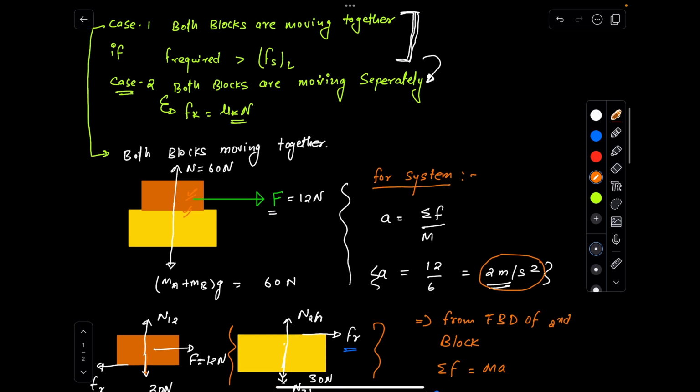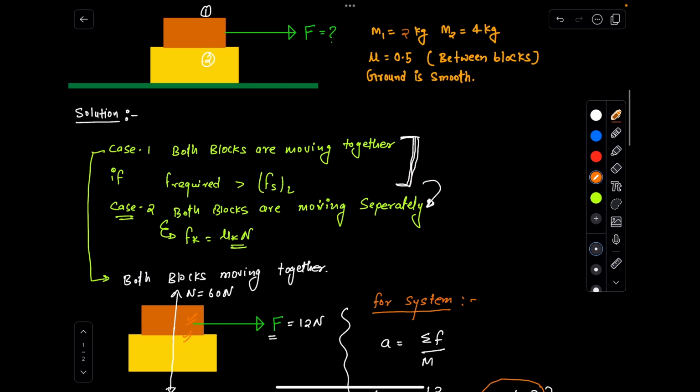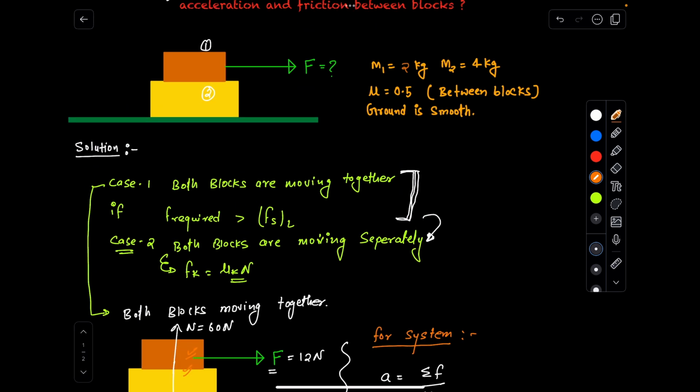Alright, what if we increase this force? At some point these blocks will start to slide. Now what is the maximum force up to which these objects are going to move together? For that we need to think about this problem carefully.